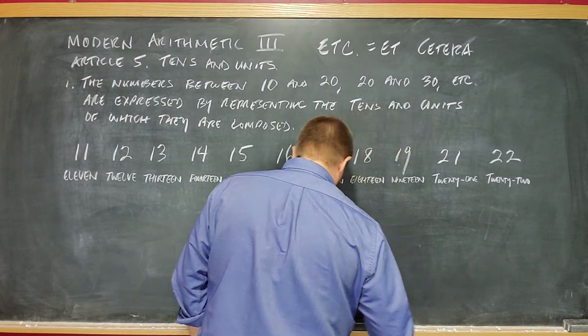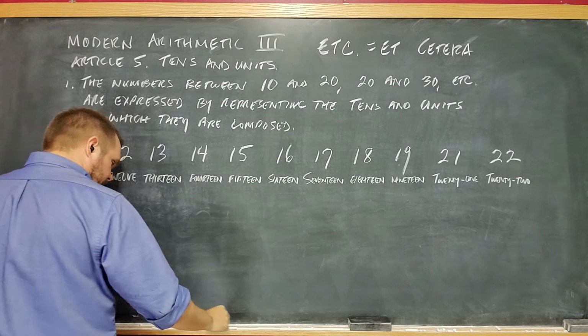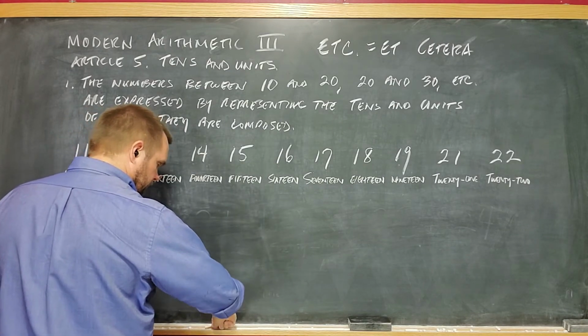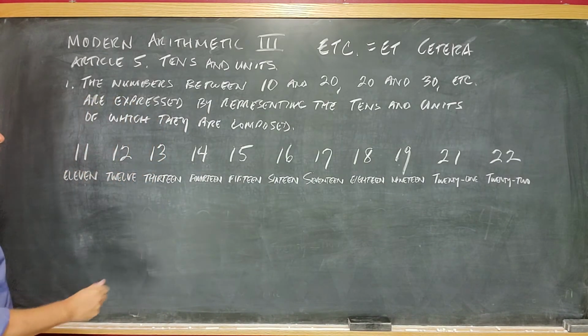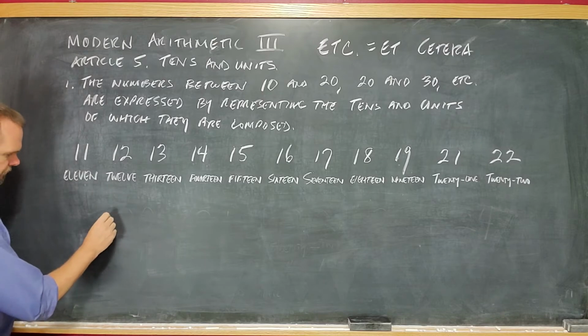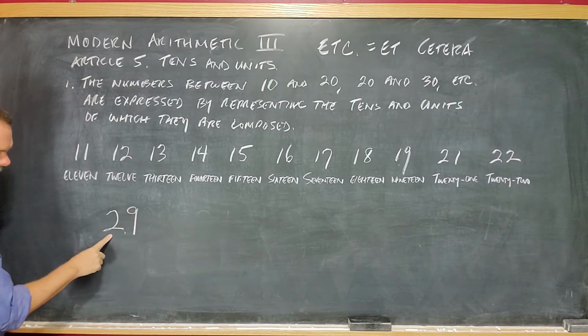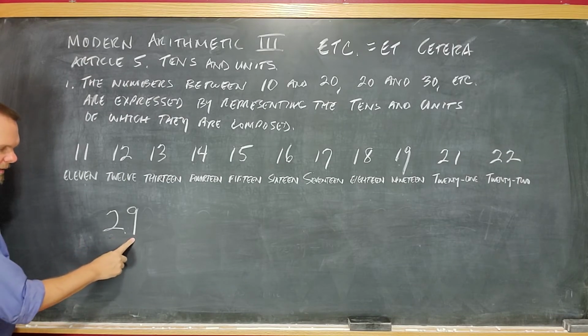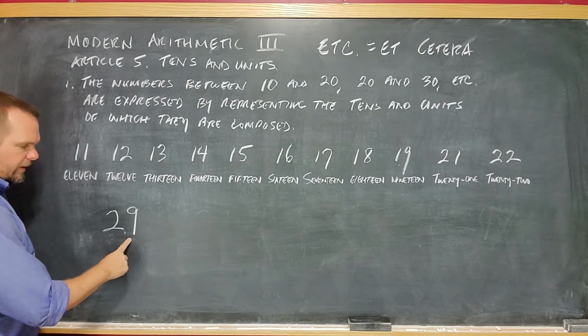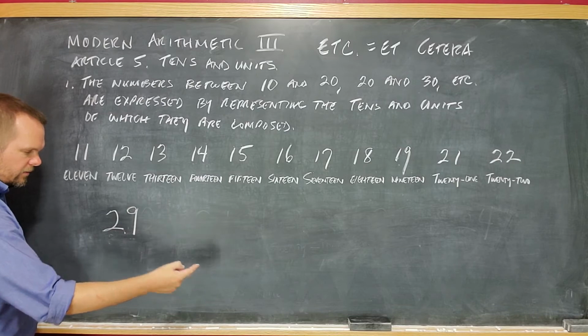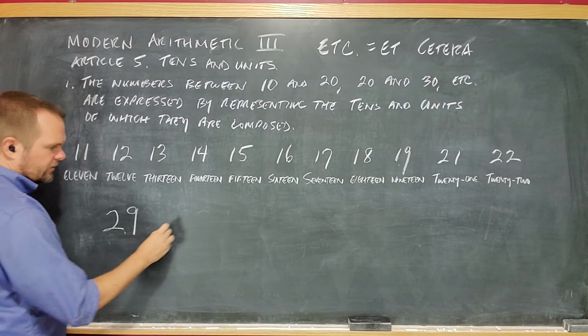After 29 comes, let's see, we have the number 29, which is 2 tens and 9 units. If we add 1 more unit, we have 3 tens.